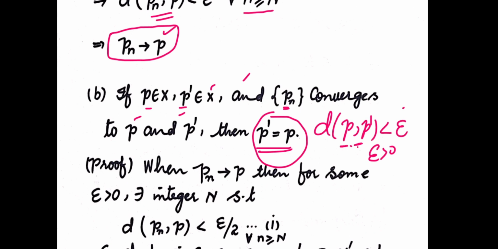Firstly, we use the definition of convergence of a sequence for both of these limits P and P prime.